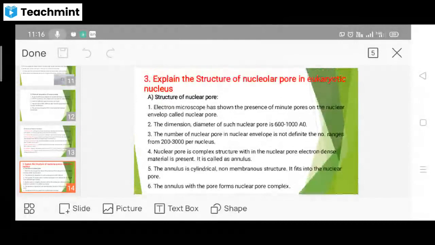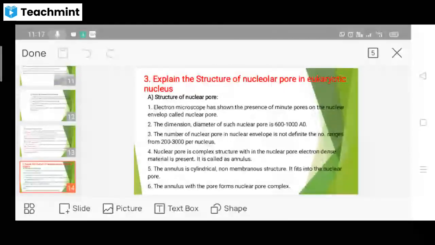If we look from above, it only looks like a pore, but it is not a pore. There is a cylindrical body, known as the annulus, and this annulus is made of electron dense material. Due to this electron dense material, the transportation of molecules takes place. So this annulus with the pore forms the complex structure known as the nuclear pore complex.